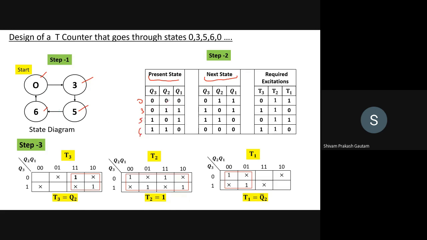For T flip-flop, just check 0 and 0, no toggling, so T3 will be 0. 0 and 1, toggling will be there, so it will be 1.